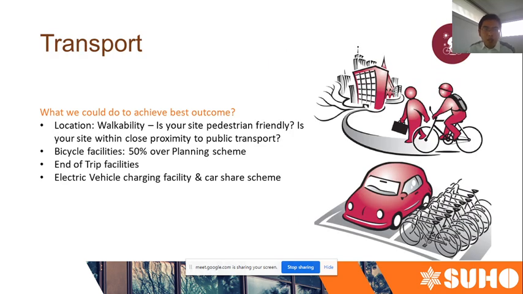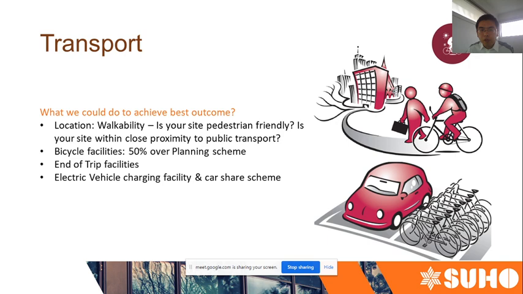The other thing, transport. So for transport, the most important thing is location. But when you have decided your project is not something we can change, then we should do something to encourage the way of sustainable transport. So bicycle facility is important.